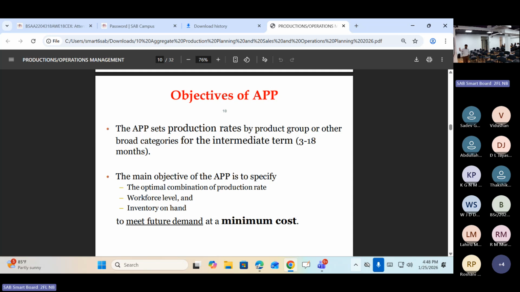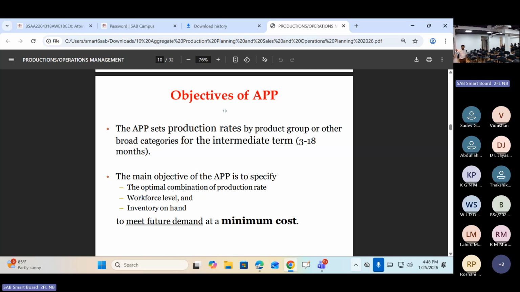Right. What you see here are the main objectives of aggregate production planning as described in operations management textbooks. In aggregate production planning, technically it determines a few things. APP sets production rates by product groups or category level for the intermediate term.